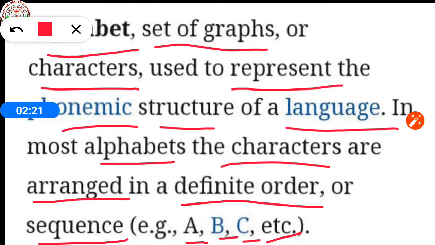The word alphabet comes from the Greek word alphabetus, a combination of alpha meaning the beginning and beta meaning the second of many things. So, alphabet refers to a series of letters arranged in a specific order that are used for reading and writing language.